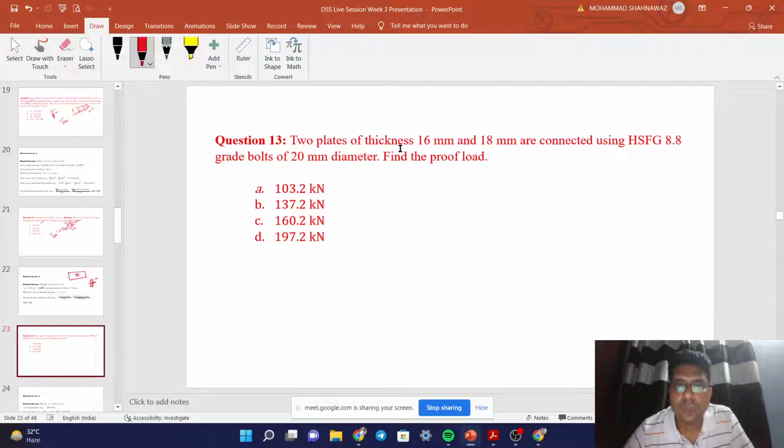Now two plates of thickness 16 mm and 18 mm are connected using HSFG 8.8 grade bolts of 20 mm diameter. Find the proof load. So please calculate the proof load.